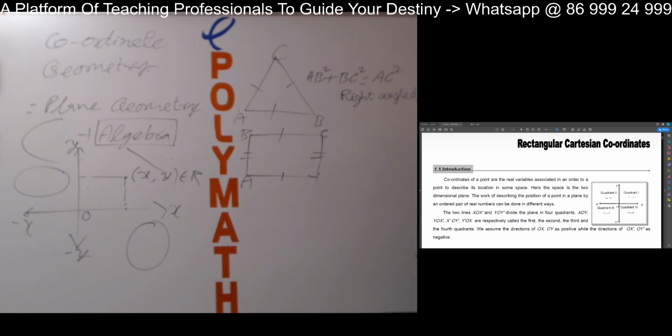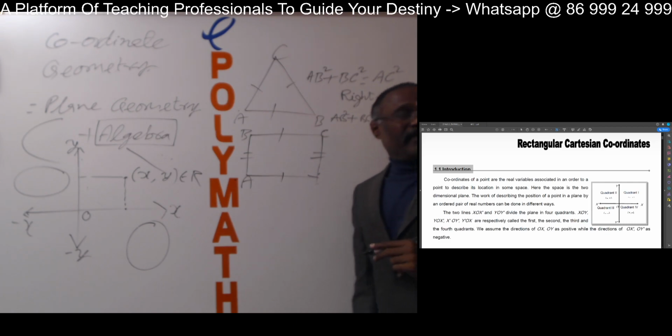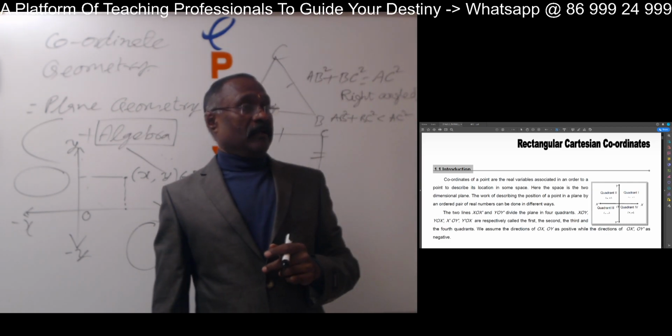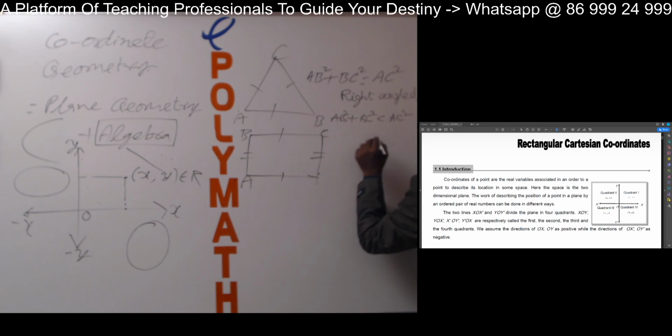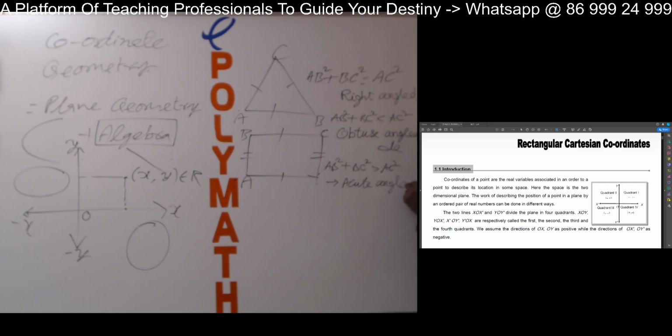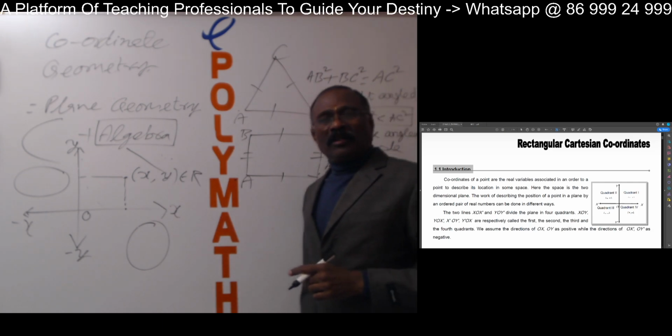Now if AB square plus BC square is less than AC square, then it is an obtuse angle triangle. If AB square plus BC square is greater than AC square, then it is an acute angle triangle. These points generally we don't find in all the books.